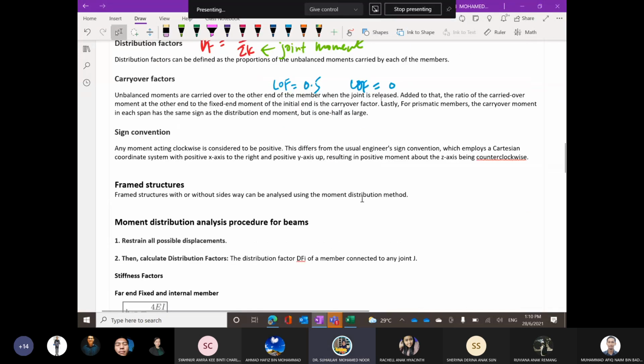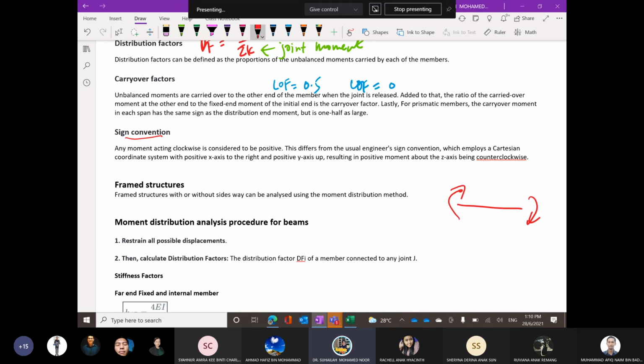Sign convention: any moment acting clockwise is considered positive. That is why at the beginning of the analysis, we will assume the end moment for each member, for each element.